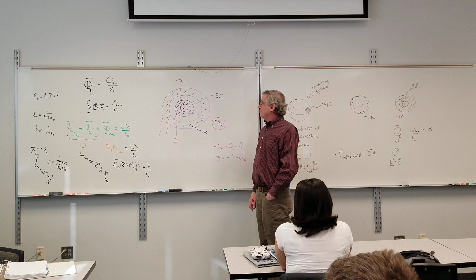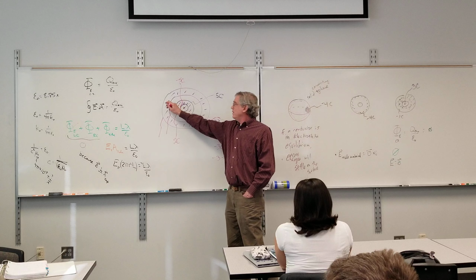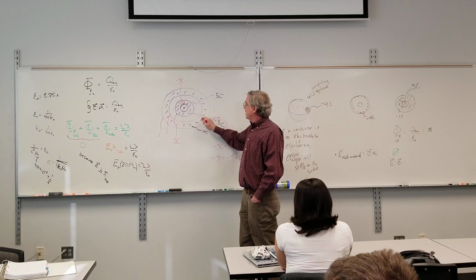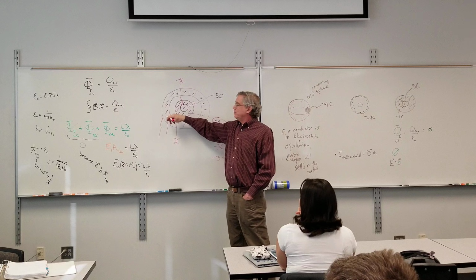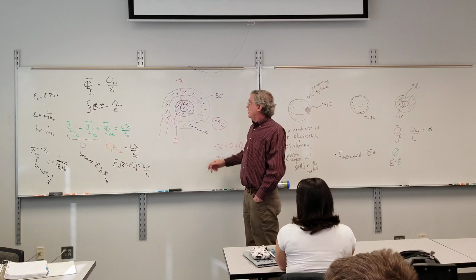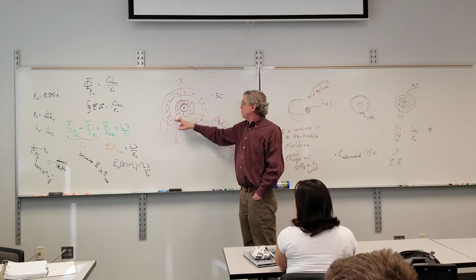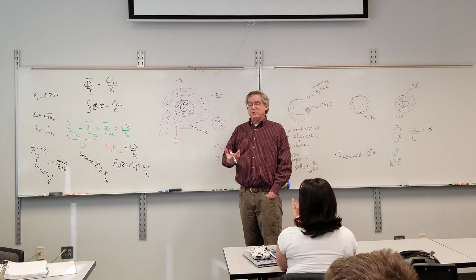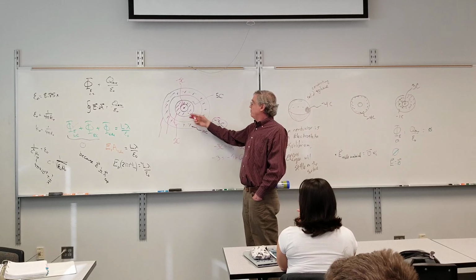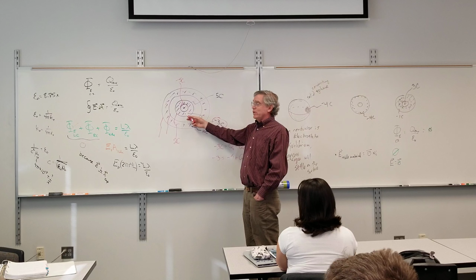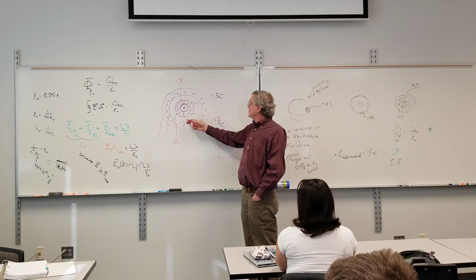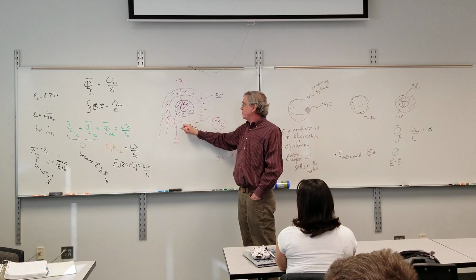I know that here the electric flux is 0, because the electric field is 0. Therefore, whatever charge is inside this pink Gaussian surface must be 0. Well, I got 5 and negative 3. Yeah, so that would be 2 there, so there would have to be negative 2 here.